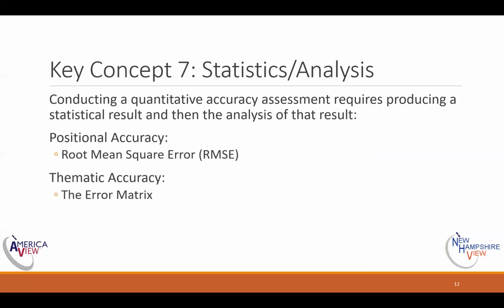For positional accuracy, the basic statistical result is root mean square error, RMSE, and you may have heard of that term before. It's not uncommon in statistics to use. And then for thematic accuracy, the statistical result is called the error matrix, which in statistics is actually called a contingency table or a cross classification. So let's look at that a little bit more.